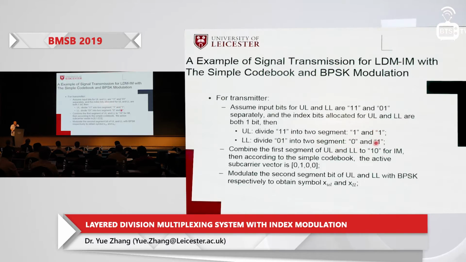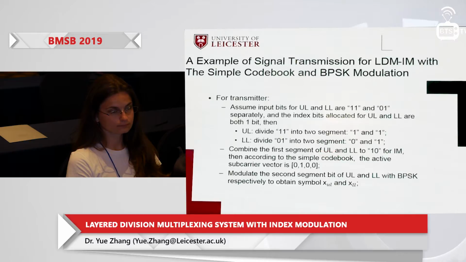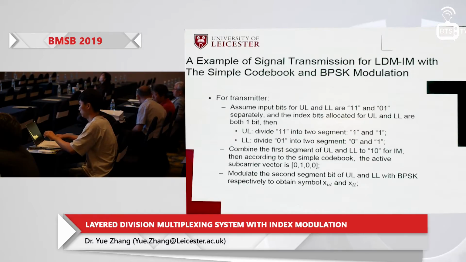The second part is the information bits for the traditional QAM for the LDM. Combining the first segment of the upper layer and lower layer, 10 for the IM, and according to the symbol codebook, the active channel you select for the OFDM is the second channel.